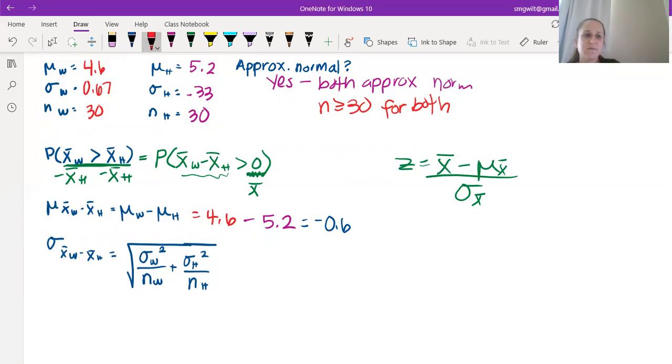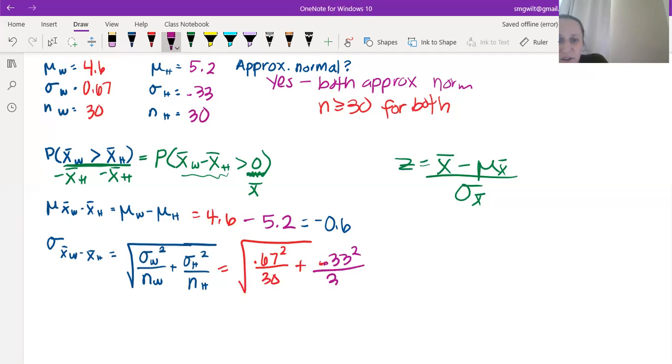Then we want to do the standard deviations. The standard deviation formula is this: I take the square root of the sum of each standard deviation squared divided by the sample size. So in this case, I'm doing the square root of 0.67 squared divided by 30 plus 0.33 squared divided by 30.